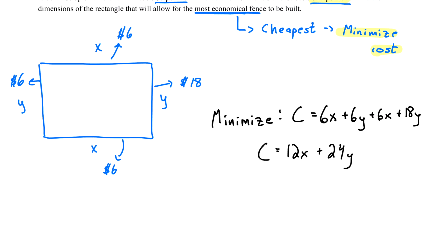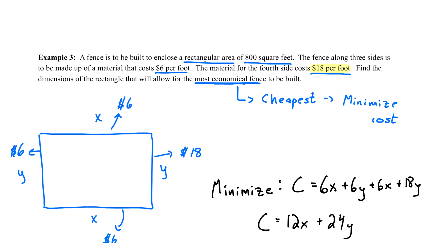Now we do have a slight problem: we've got two variables, like we've seen before. I want to find some way to write this in terms of a single variable, so I'm going to have to find some other equation that relates X and Y. What pieces of information have we not used so far in this problem?